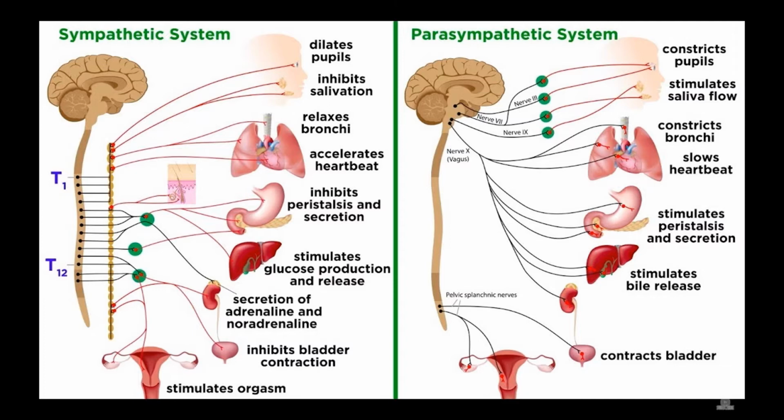So what does this system do? Well, it's a rest and digest system. So let's start at the top. Constriction of pupils. You don't need a lot of light coming in. You're resting. So it's going to constrict pupils since you're not being activated.